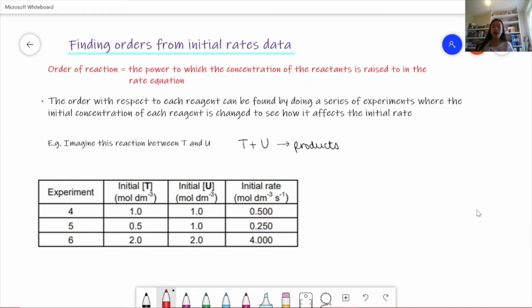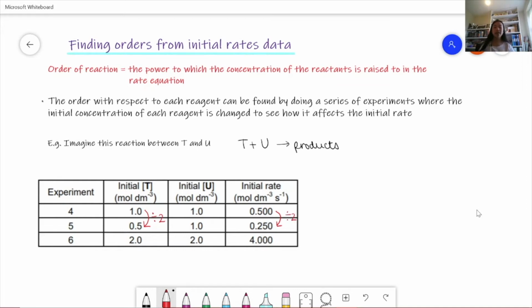And so I like to draw an arrow. And what's happening here is that we're dividing the 1 by 2. So what's changed from experiment 4 to experiment 5 is that in experiment 5, we're using half the concentration of T. And what happens to the rate when we halve the concentration of T is that it also halves.